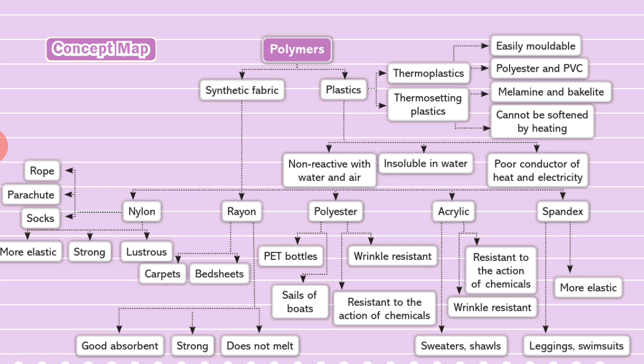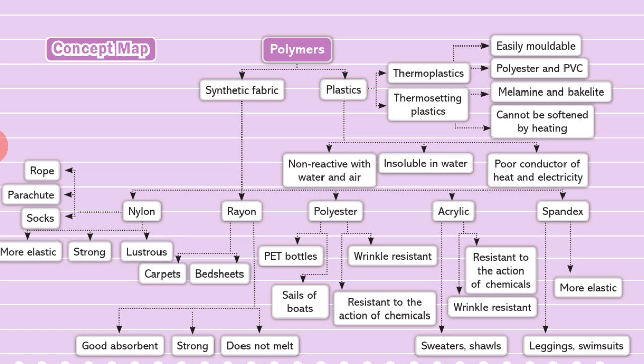Polymers can be divided into synthetic fabrics and plastics. In synthetic fabrics, we studied nylon, rayon, polyester, acrylic, and spandex. Nylon is used in robes, parachutes, and socks, and the properties of nylon are that it is elastic, strong, and lustrous.